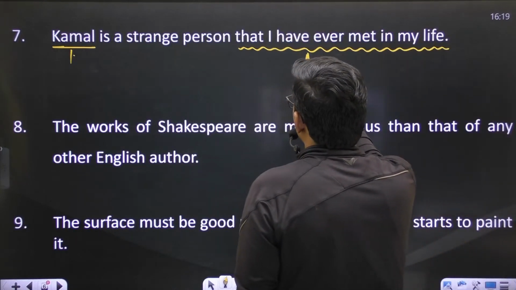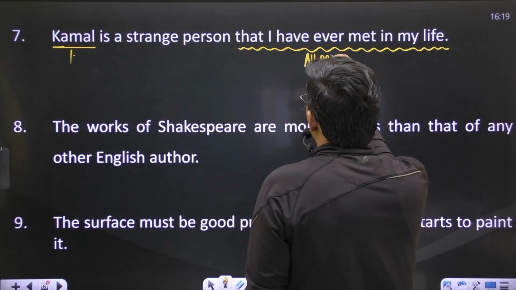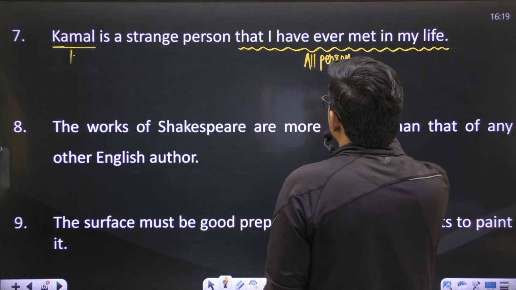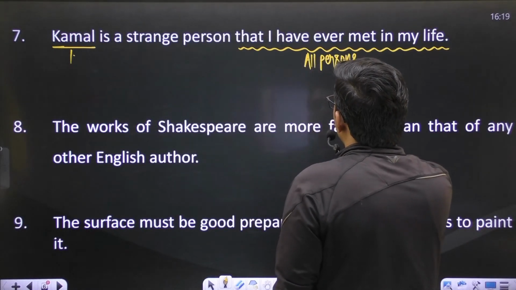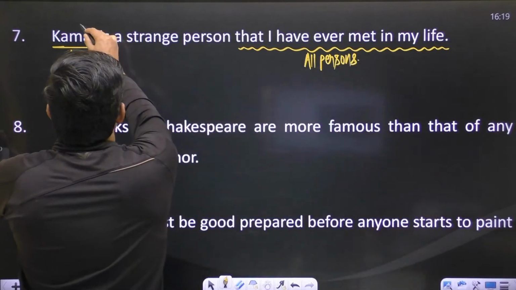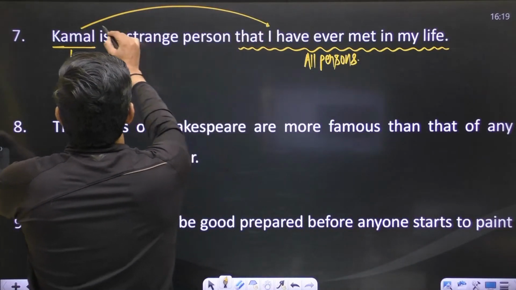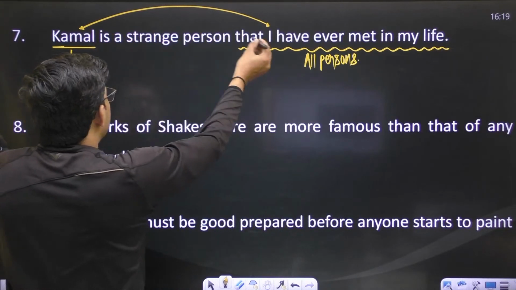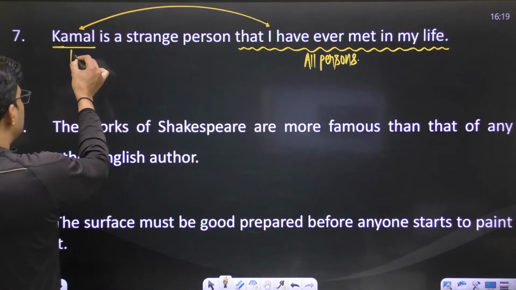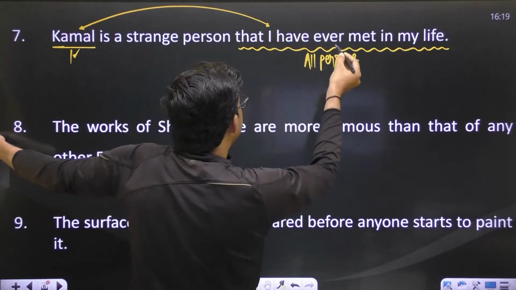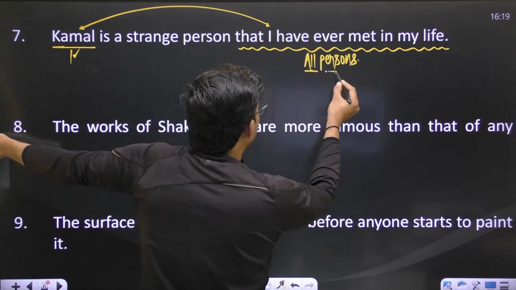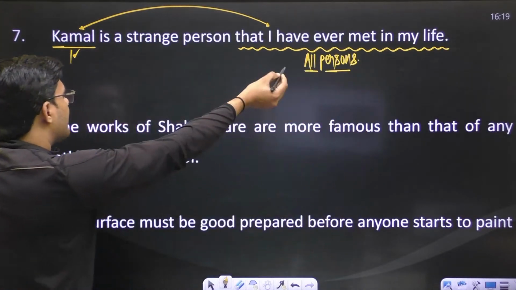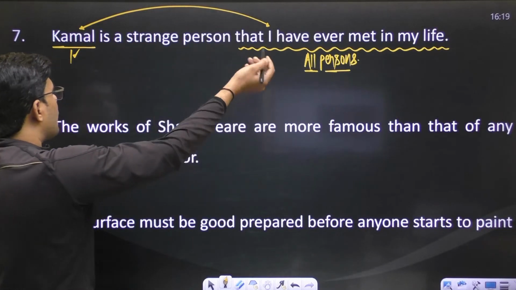So here I am talking about all persons that I have ever met, right? Whenever there is comparison among more than two, this is Kamal, one person that I have ever met, it denotes all persons that I have ever met. Comparison is among more than two.